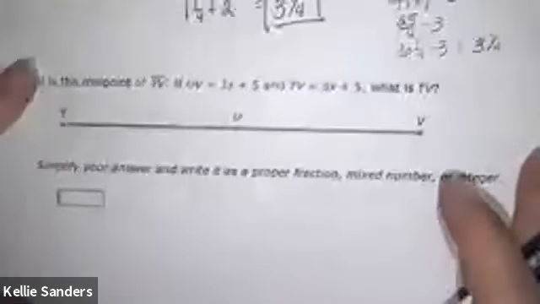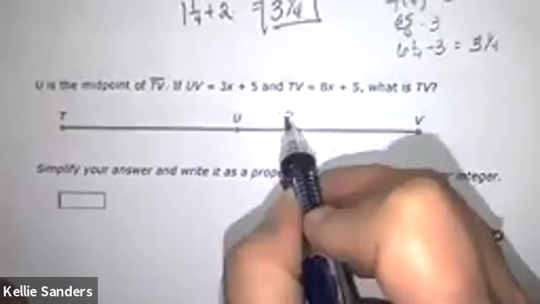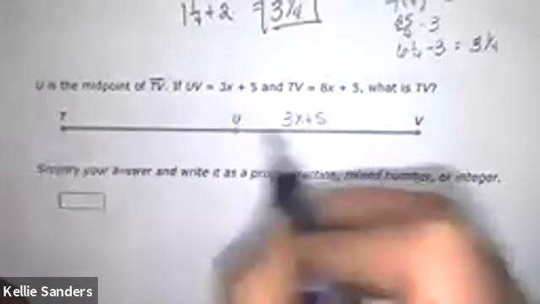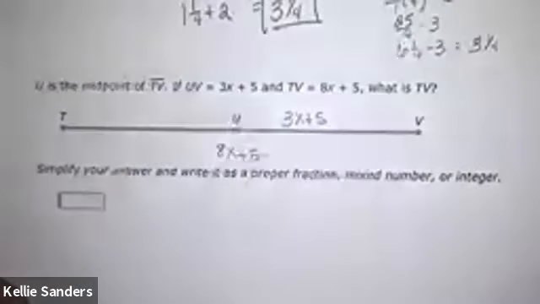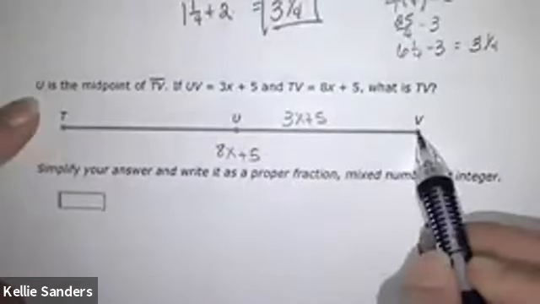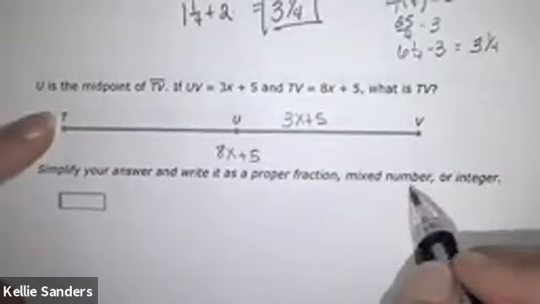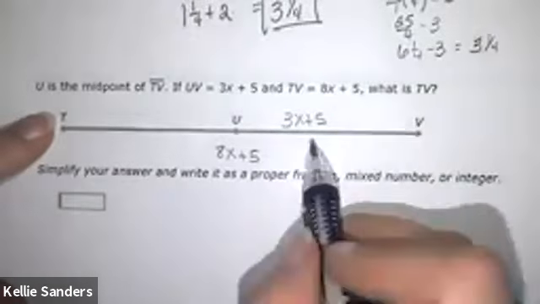Last one. UV is 3x plus 5. TV, the whole thing, is 8x plus 5. What is TV? So, which way are we going to do it? That's right.